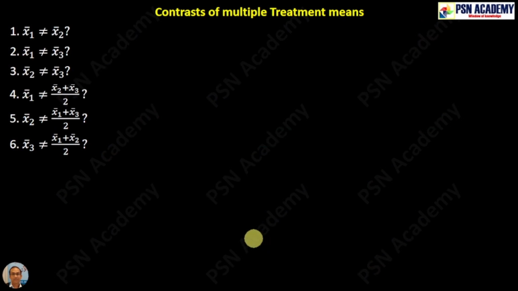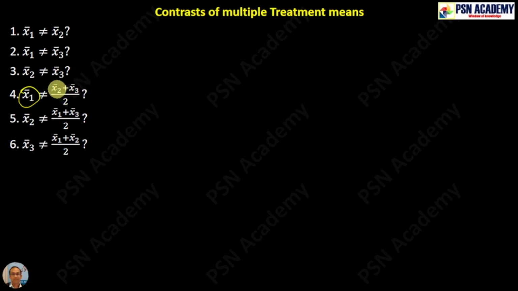Clear? Now here are the 6 questions or 6 comparisons between the sample means. The first one is the mean of sample 1 is not equal to the mean of sample 2. The second one is mean of sample 1 is not equal to mean of sample 3. Like that, you can have these questions. Look at the fourth one, mean of sample 1 is not equal to the mean of the means of sample 2 and 3.